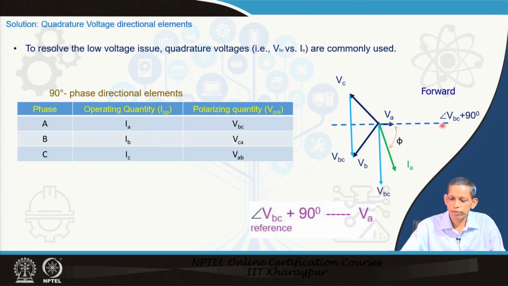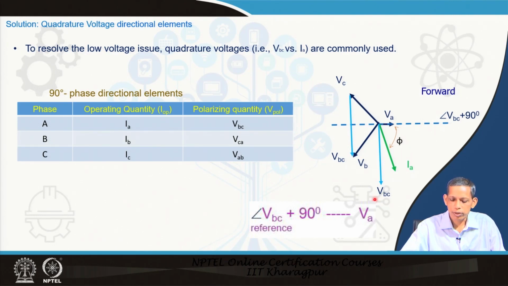Then the corresponding reference voltage becomes in line with VA, and the concept of positive value of phi and negative value of phi, which we have used for reverse and forward faults, can be equally applied.